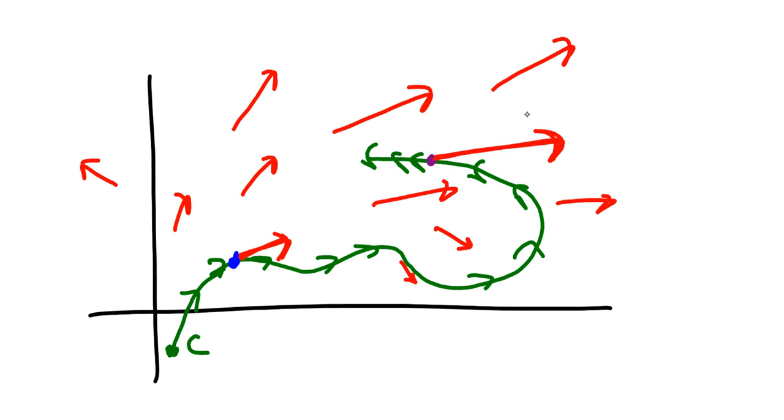So we've all had this happen where we're trying to ride our bike on a windy day or run, and the wind is blowing in our faces. So the blue point is a point where I'm getting some help from the vector field. And the purple point is a point where the vector field is, I'm going to use the word hurting me, right? It's not helping. It's working against me.